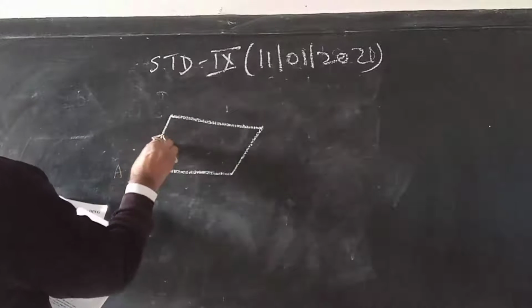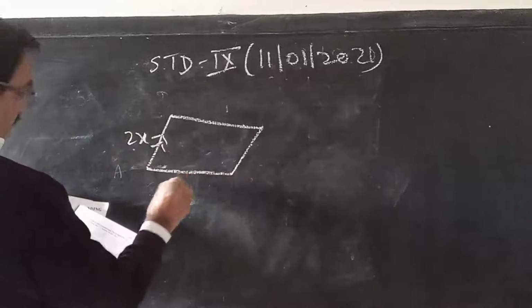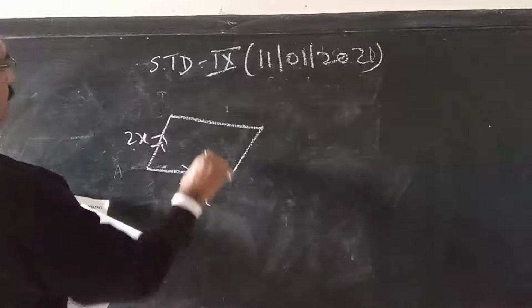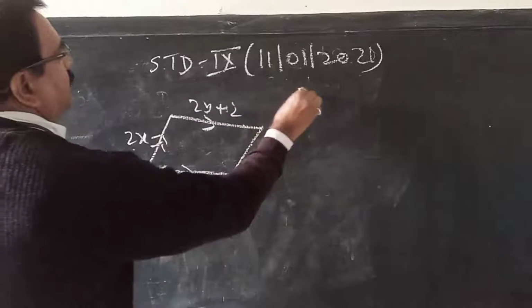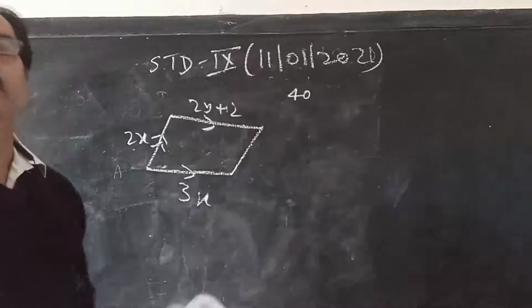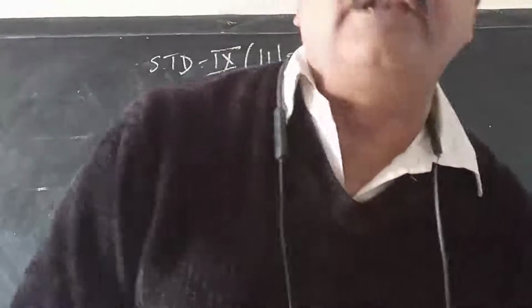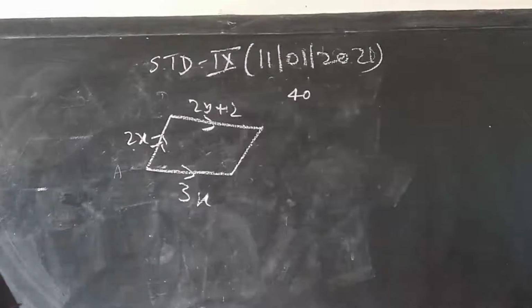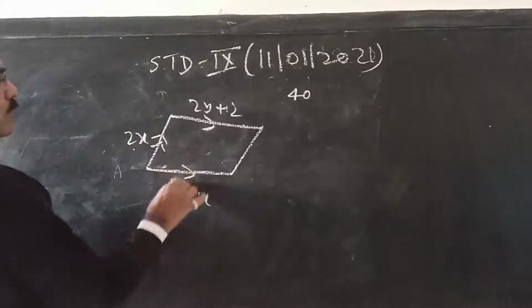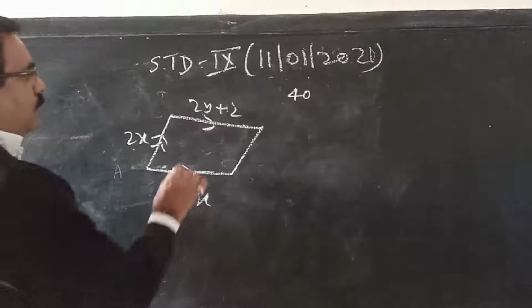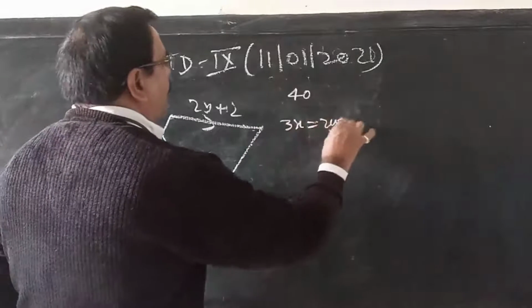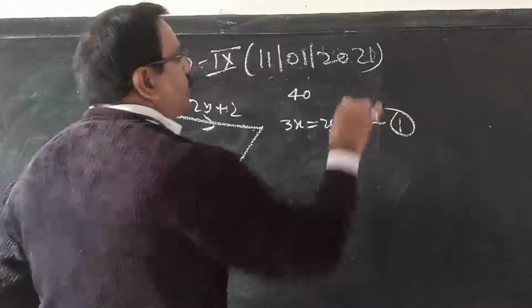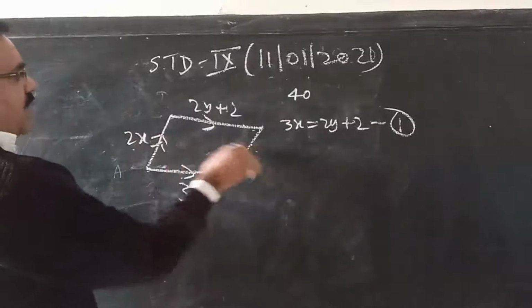This side is given 2x, this is given 3x, this is given 2y plus 2, and the perimeter of this parallelogram is given 40. You follow? Then we have to find the value of x and y. Since in a parallelogram opposite sides are equal, this side and this side will be equal. So 3x is equal to 2y plus 2. Say this is equation 1. Opposite sides are equal.